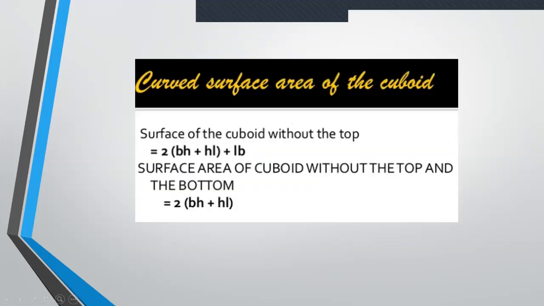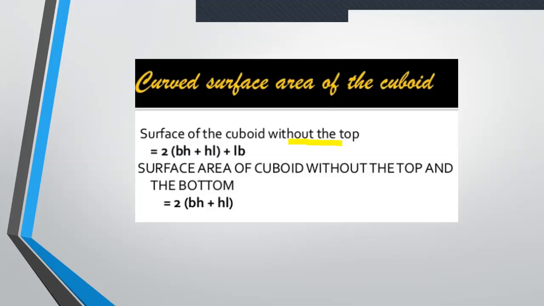Moving further, talking about curved surface area when we are talking about a cuboid now. Surface area of a cuboid without the top, that is a room without the ceiling. In that case, twice of BH plus HL added to L into B. Remember, you need not memorize, but it's up to you.